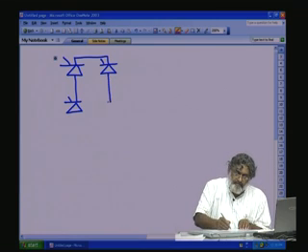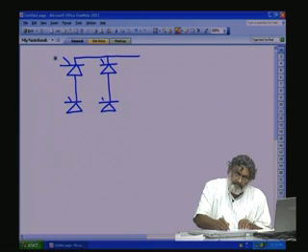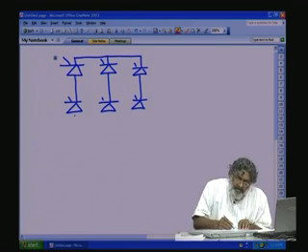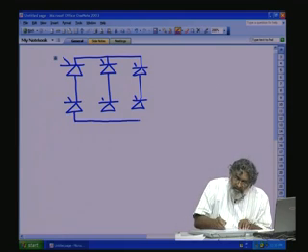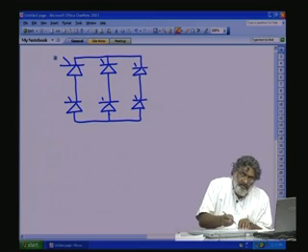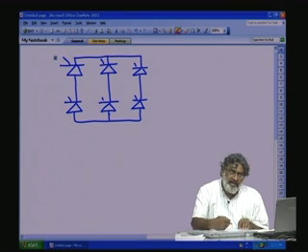Then each phase will have a positive and negative part, and these can be independently triggered also, as I told before. These are independent because this is the positive half bridge, this is the negative half bridge.